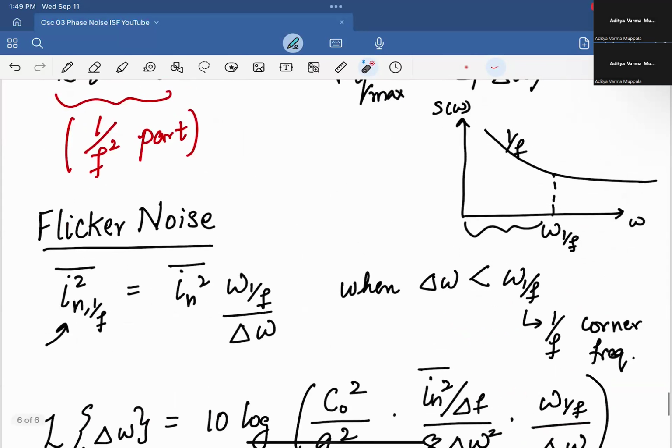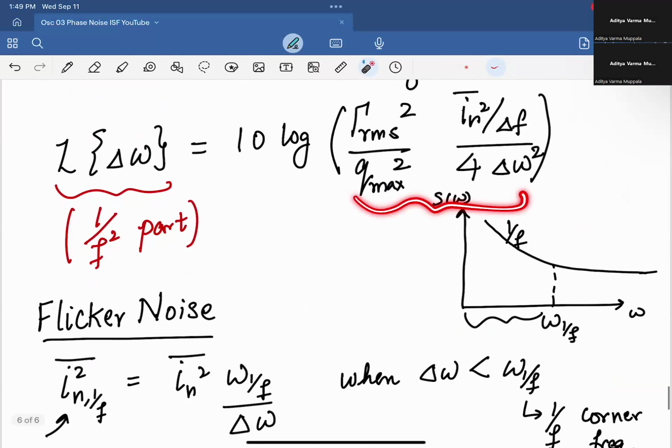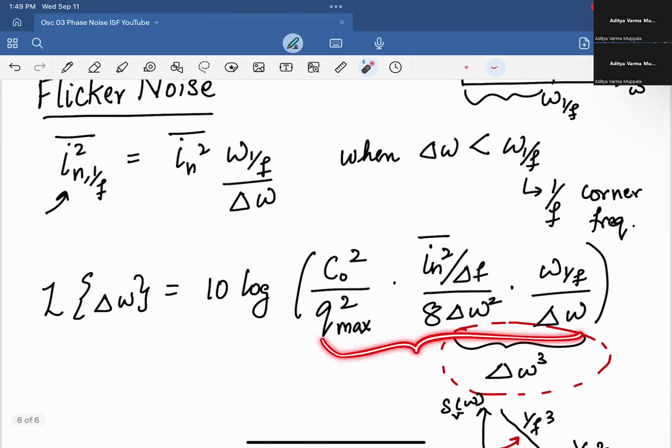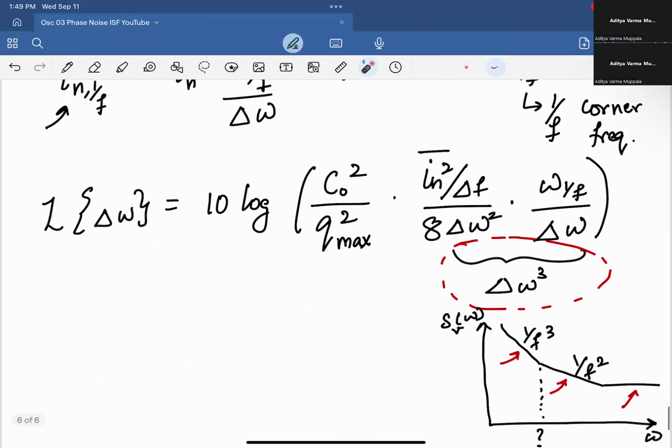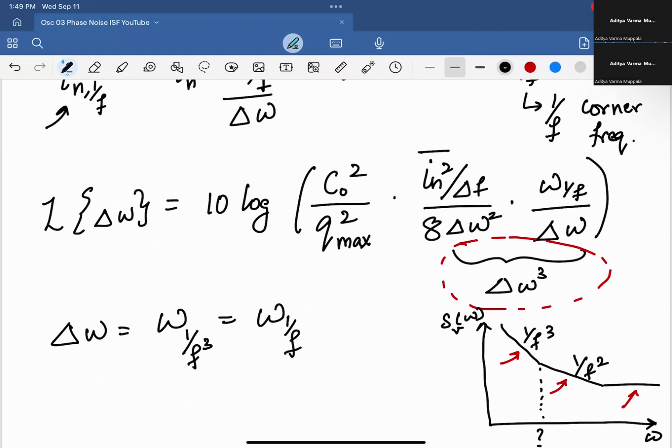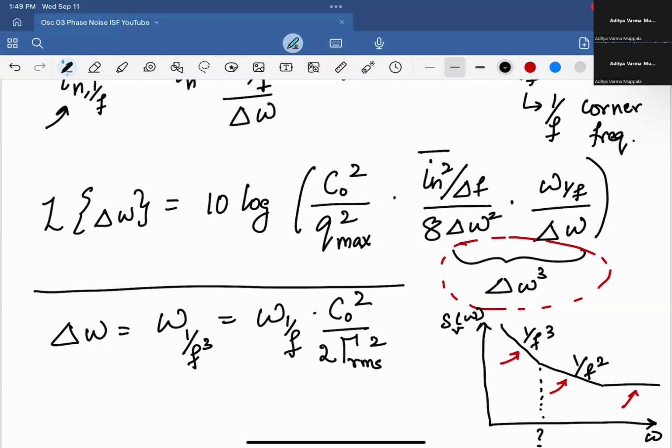You just equate this argument with this argument, and some terms cancel out, and you're eventually left with delta omega, which is the omega 1 over f cube corner of phase noise, equal to the 1 over f corner of the flicker noise, times C naught square over 2 times gamma RMS square. This is also an important relationship.